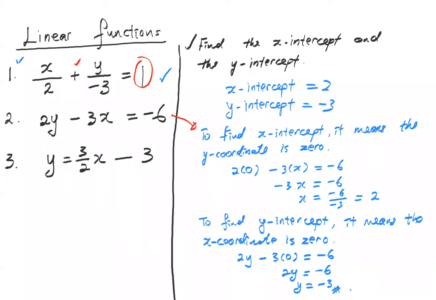How about the third one? Why do I have to present it in the third form? What is the purpose of me putting this? Because it's easy to see the gradient of the line and the y-intercept. You are right. I can extract two pieces of information straight away.